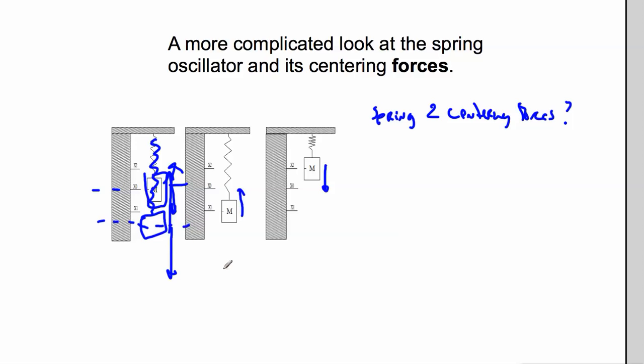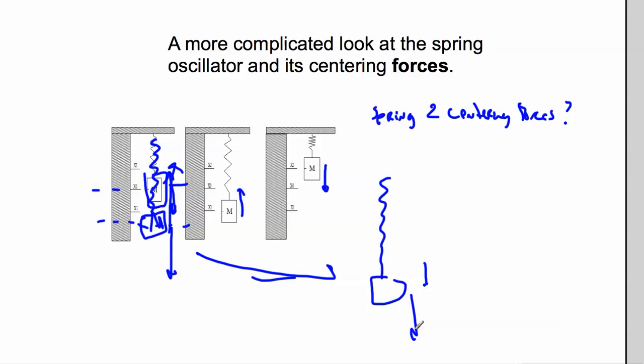All right, so what does that mean? Well, let's say, as we said we would do, let's increase the mass. So now we have a bigger mass. Well, now this spring is stretched even more. I'll redraw this over here. The spring is stretched even more, which means that when we pull it down and then let it go back up again, there should be a greater centering force, because the spring is stretched more.